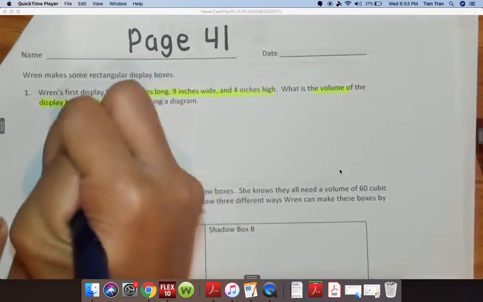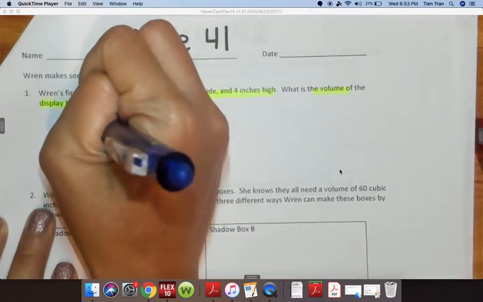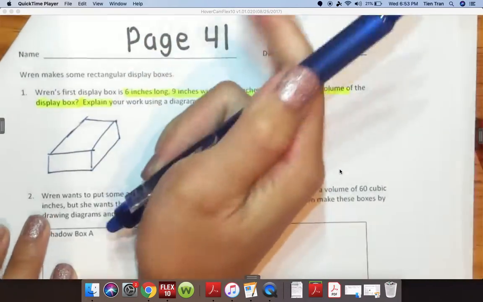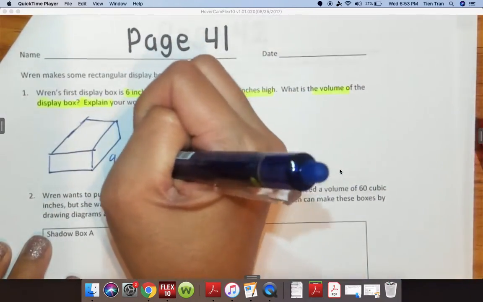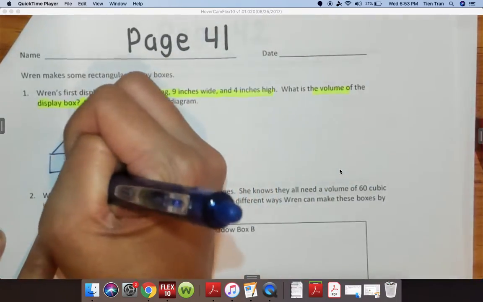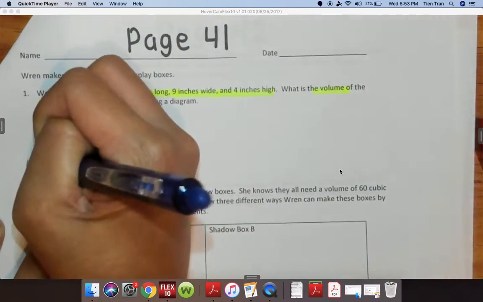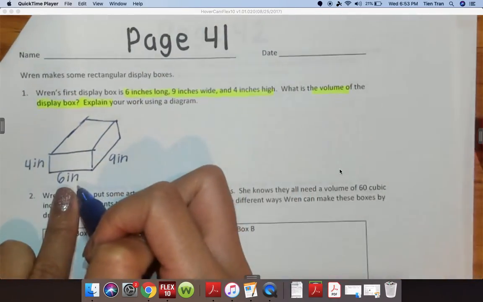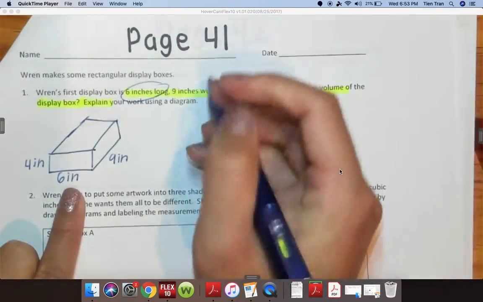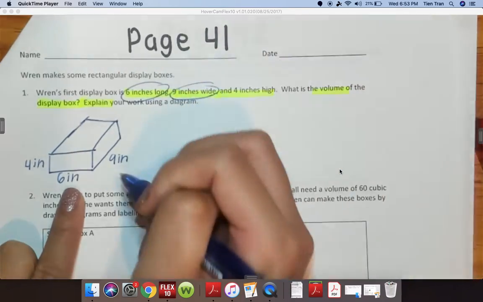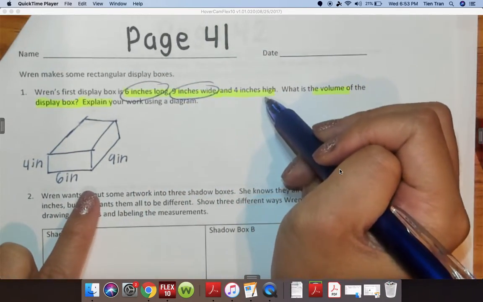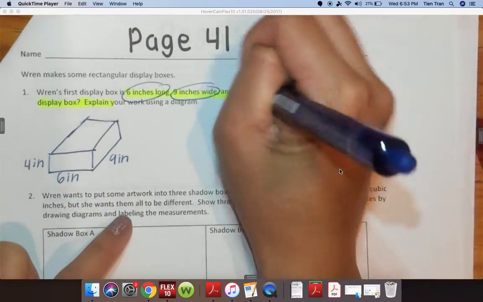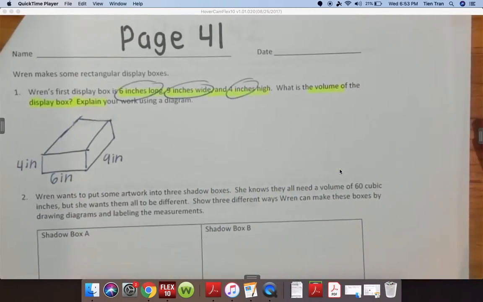I can never draw this correctly. Okay, so we have 9 inches, 6 inches, and 4 inches. So it says 6 inches long, that's the length. 9 inches wide, that's the width. And 4 inches high, that's the height. So they want me to find the volume.